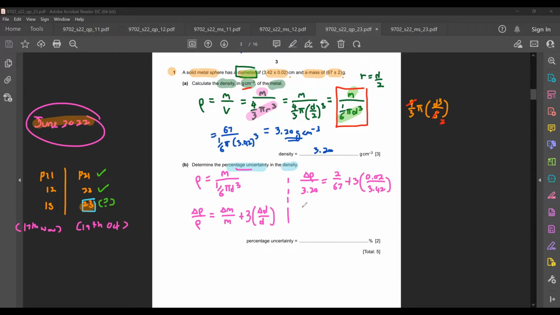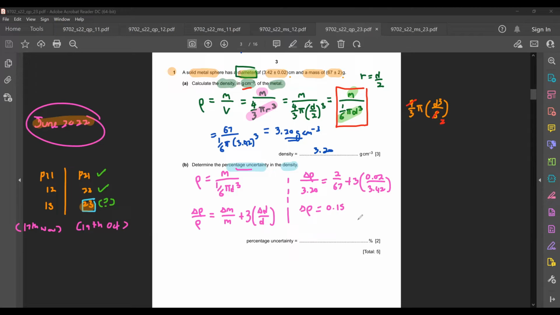So eventually my delta rho is going to be 2 divided by 67 plus 0.06 divided by 3.42 times 3.20. I'm going to get the answer 0.15.